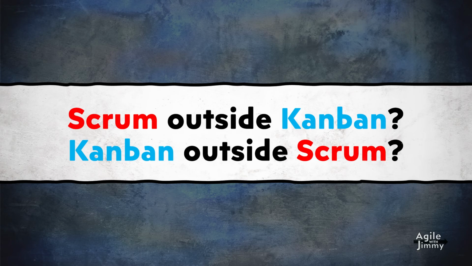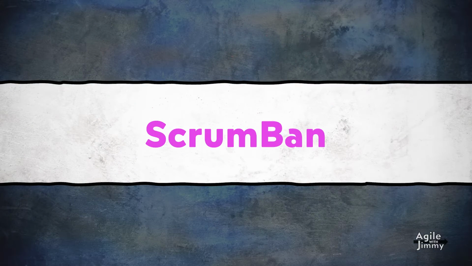Can we combine them? Have Scrum outside of Kanban or wrapping Kanban around Scrum? Of course. Remember, you as a team have ownership over your ways of working, and you have the mandate to decide on your own process, at least as long as your decisions don't sabotage for others. A popular variation is called ScrumBan.